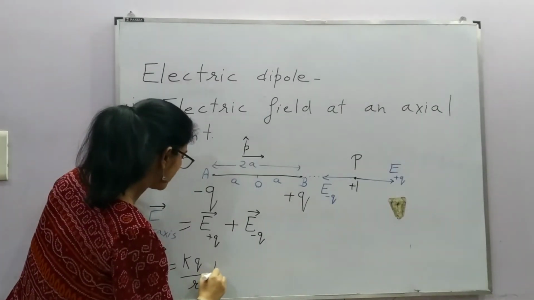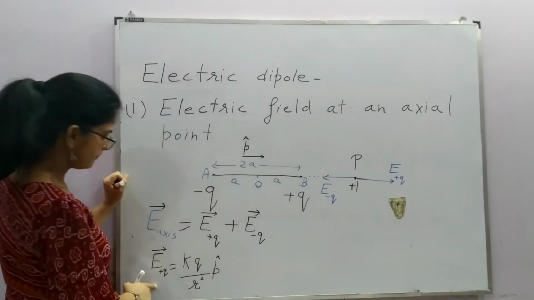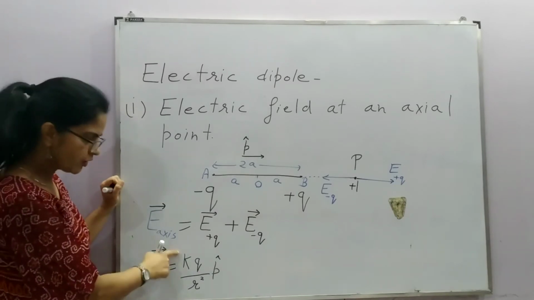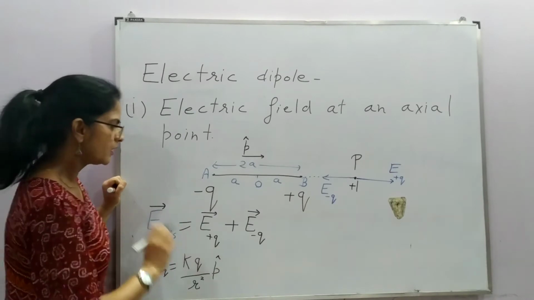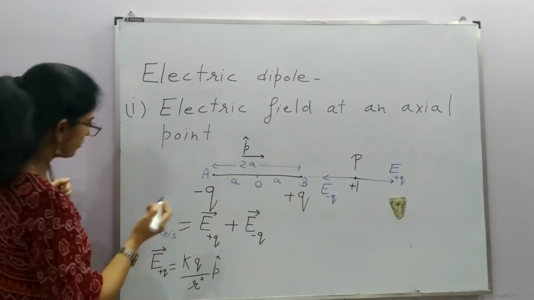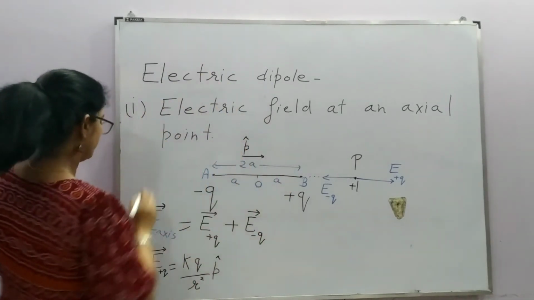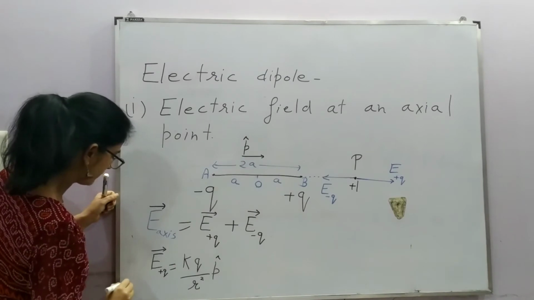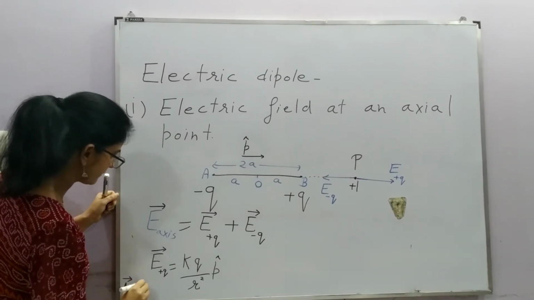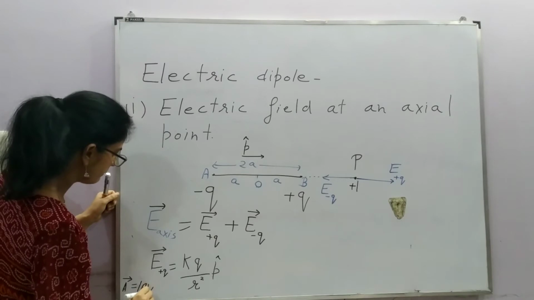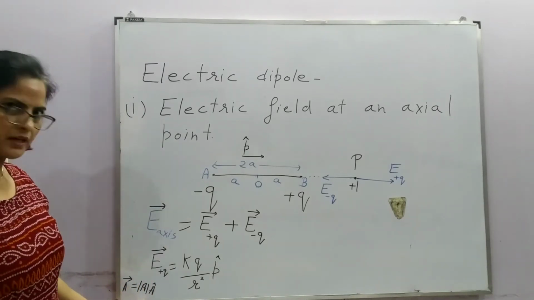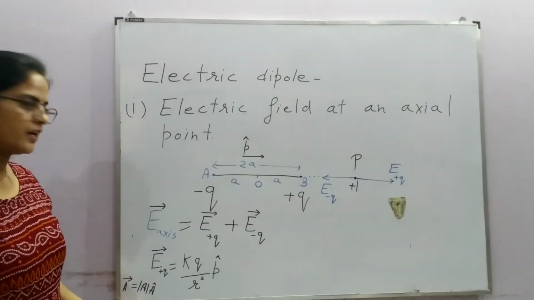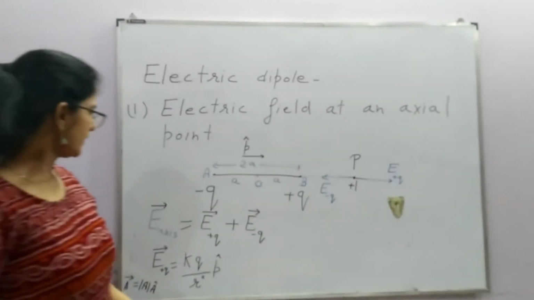So we will write that E plus q is equal to magnitude of E plus q multiplied by the direction of p. This we have written because we already know that any vector is represented as its magnitude multiplied by its direction. I hope you remember this. We had studied this in 11th standard.